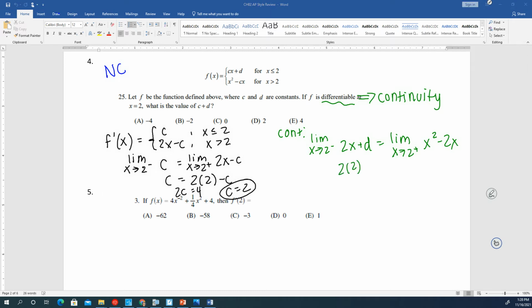Okay, x is 2. So over here I get 4 plus d. Over here I get 4 minus 4 is 0, so d is -4. Yep, good catch. So to answer, c plus d, -4 plus 2, we get -2.